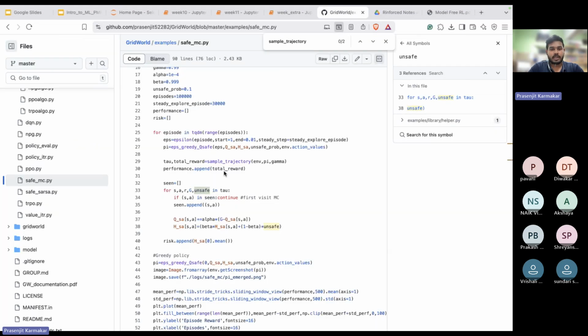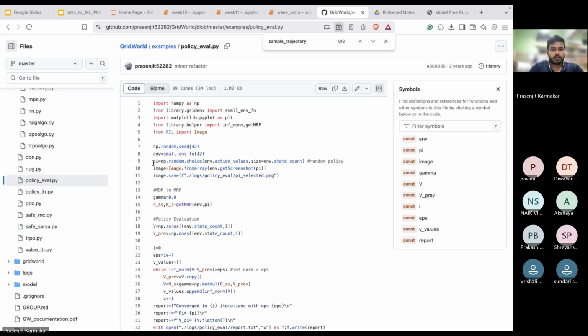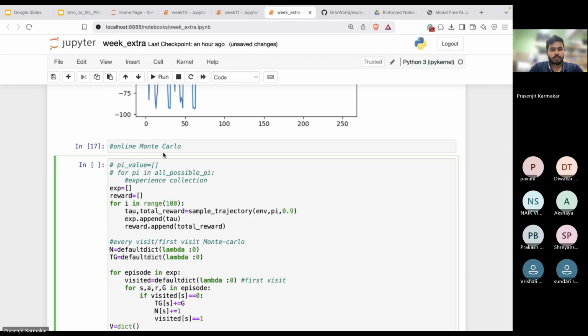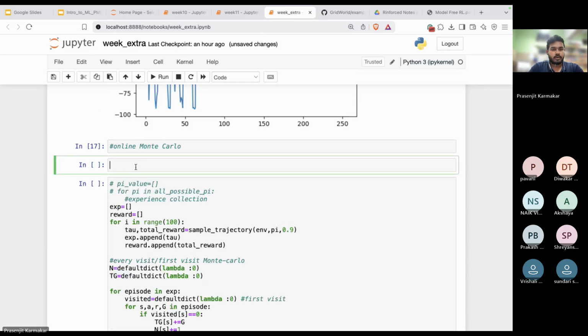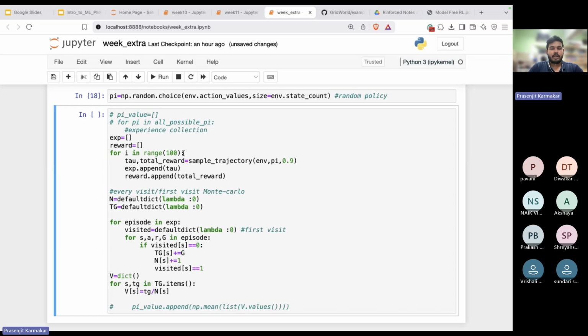The random policy, I can choose it like this. Here, my random policy is there. What I am doing, I am collecting trajectory. No, I don't want to collect trajectories now. I don't want to store the trajectories.